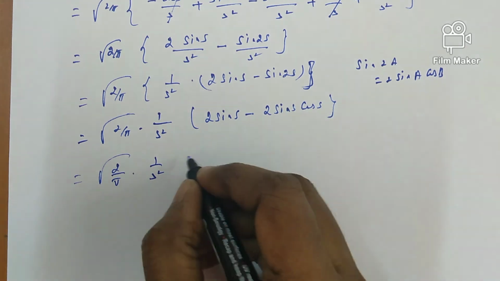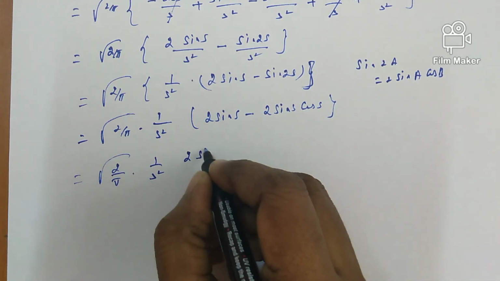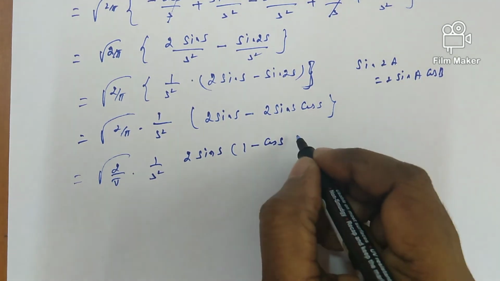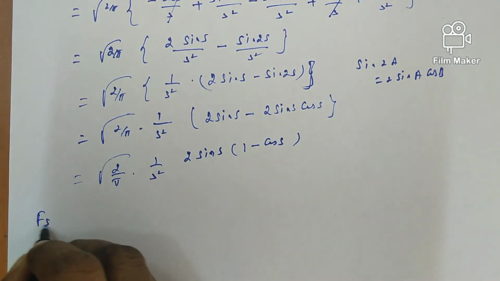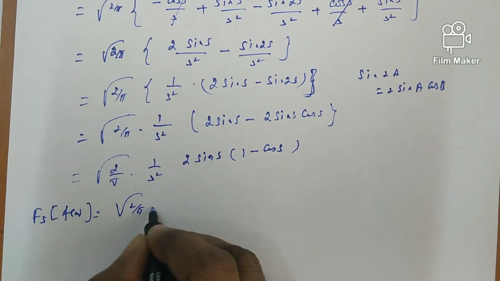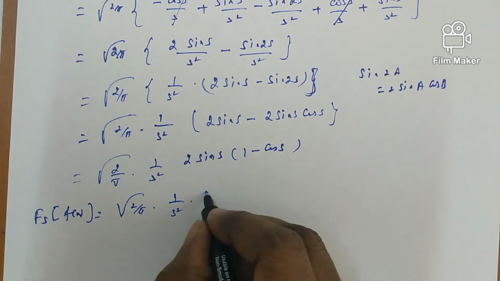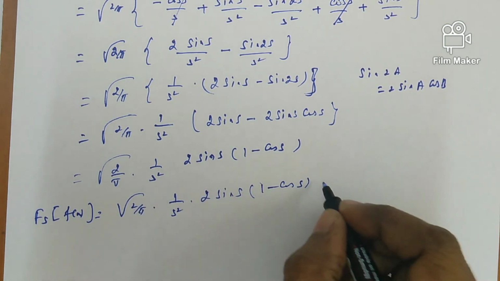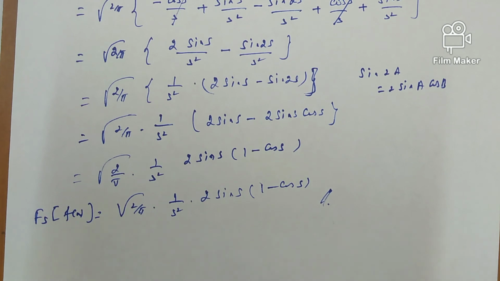Commonly we can take 2 sin s outside, 2 sin s into 1 minus cos s. So what is our left hand side? Fs of f of x is equal to root of 2 by pi, 1 by s square into 2 sin s into 1 minus cos s. This is the Fourier sine transform for the given f of x.